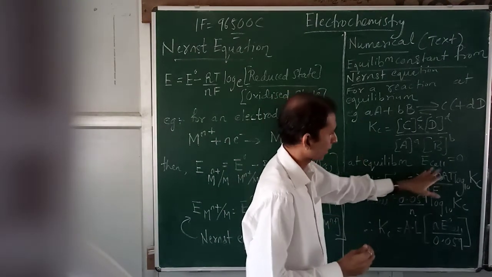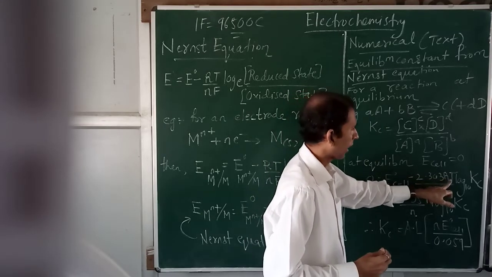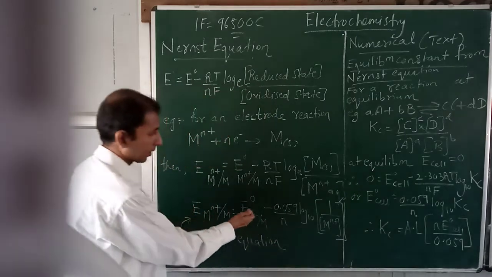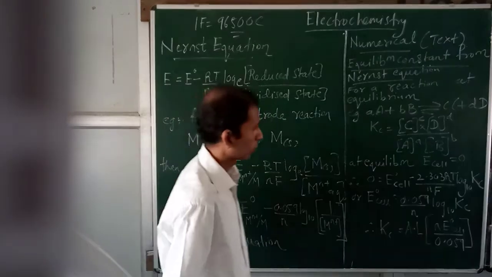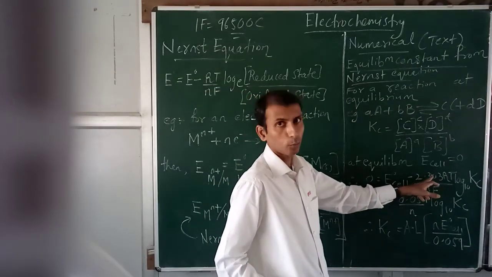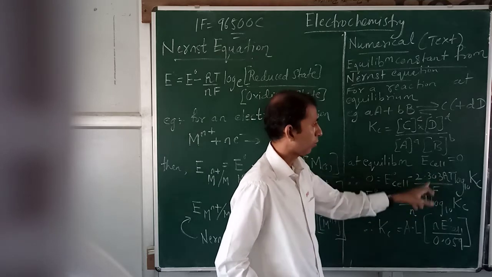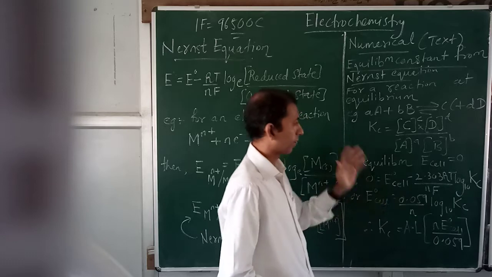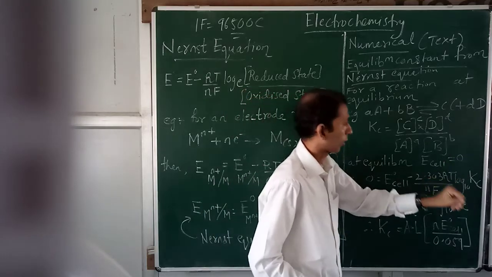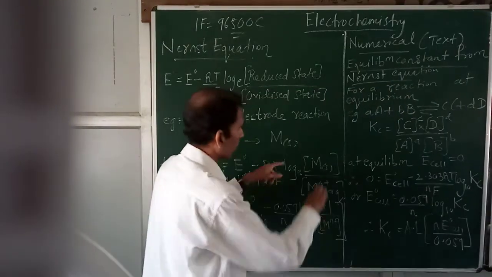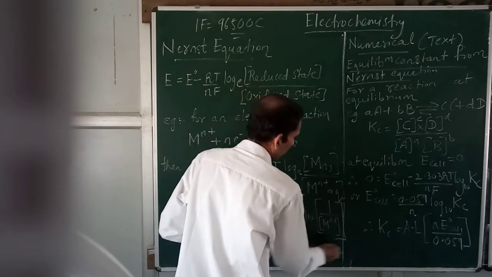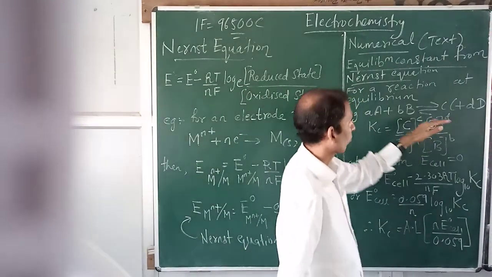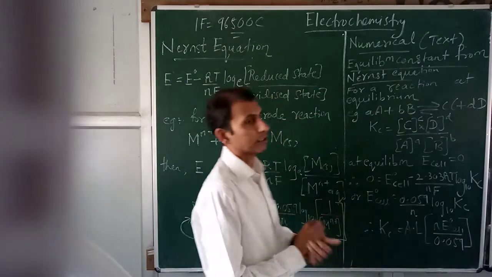After rearranging and substituting the values of R, T, F, as we substituted here, you will get finally, after multiplying with 2.303, the value 0.059 upon n log to the base 10 Kc, because this complete term here will be nothing but Kc according to this concept.